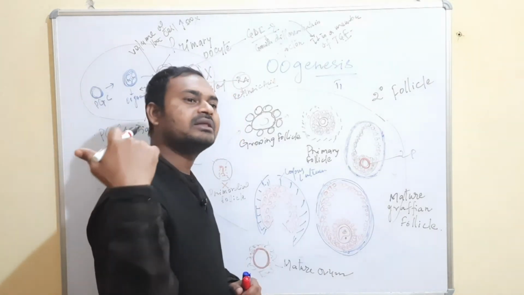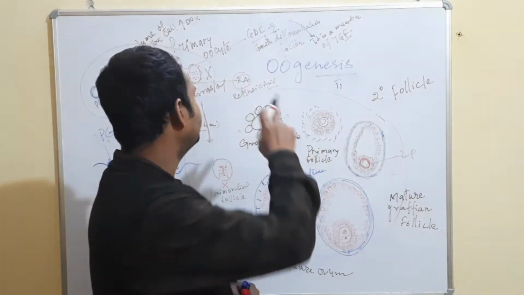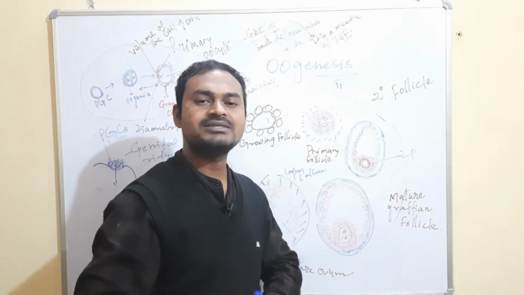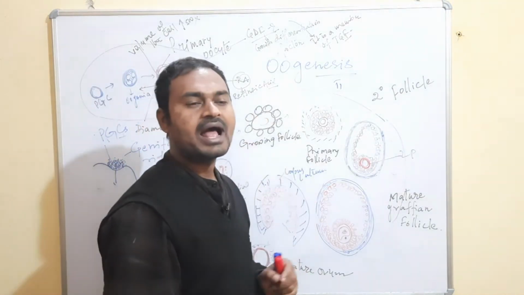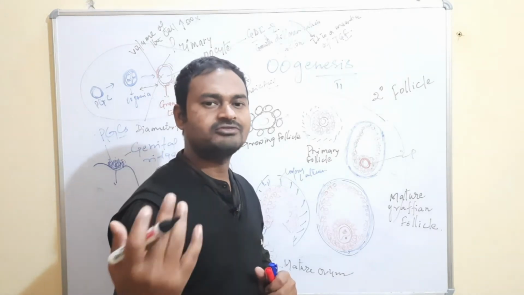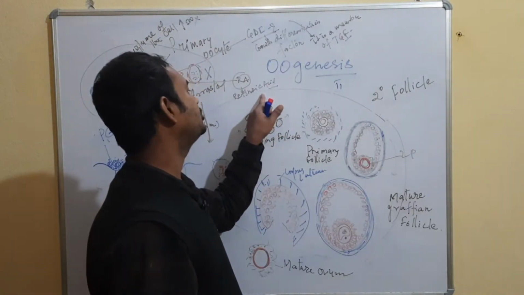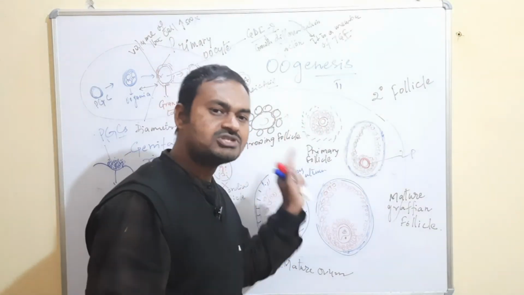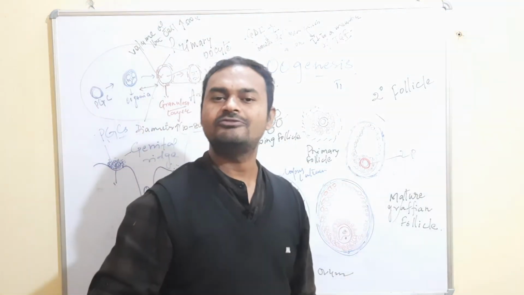Just remember, in spermatogenesis, this RA was being degraded with the help of cytochrome 26b1, and that was the reason the sperm cell does not go into the meiotic phase of the cell cycle. But here there is no formation of cytochrome 26b1, and this is the reason why the primary oocyte undergoes the first meiotic division.